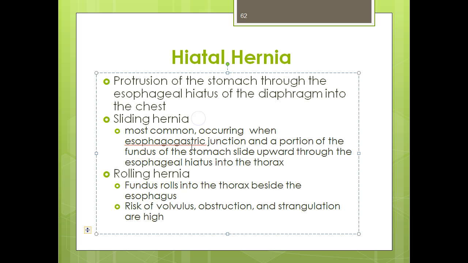You have the sliding hernia, and this is the most common, occurring when the esophagogastric junction and a portion of the fundus of the stomach slide upward through the esophageal hiatus into the thorax. Then you have the rolling hernia, where the fundus rolls into the thorax beside the esophagus. The risk of volvulus, obstruction, and strangulation is very high.